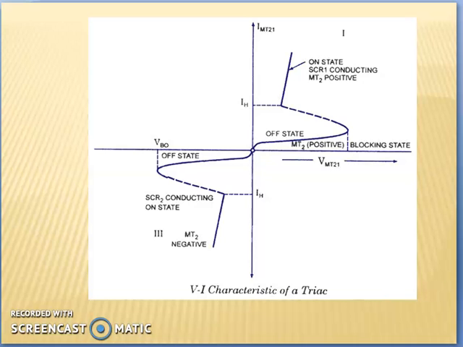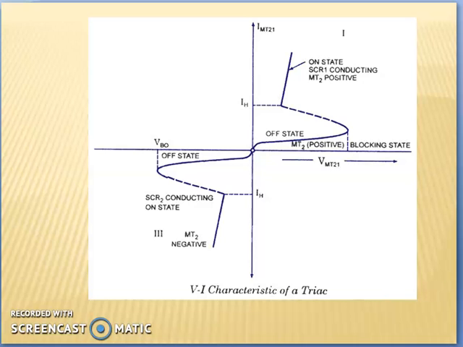In the first quadrant, the MT2 terminal is positive with respect to MT1, whereas in the third quadrant, MT2 is negative with respect to MT1. When the triac starts conducting, it allows a very large amount of current to flow through it. You can see here there is a heavy rush of current, and this high inrush of current must be limited by using some external resistance in the circuit, otherwise it may damage the triac.